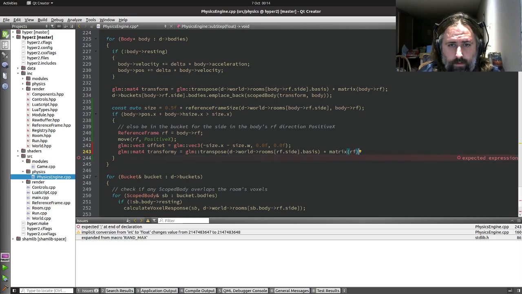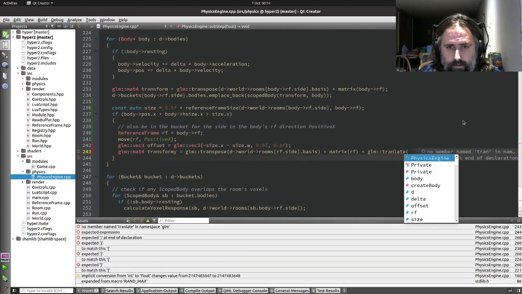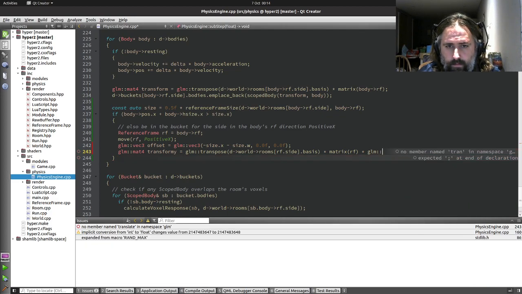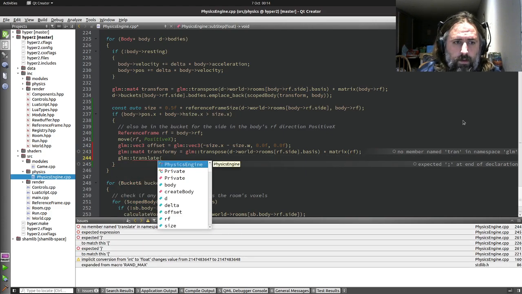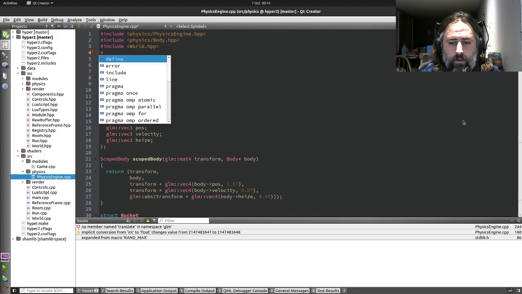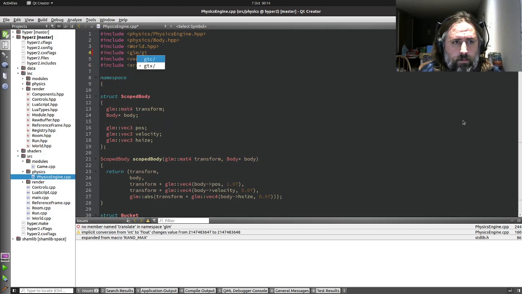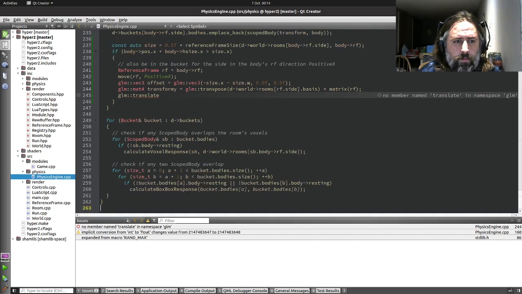matrix route reference frame. I'm going to times it by GLM translate. I'm just going to call GLM translate on it, which doesn't exist because I have not included it, but that's easily included. GLM GTC, I think, matrix transform.